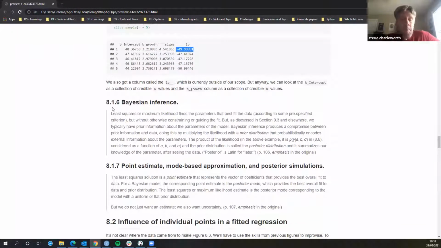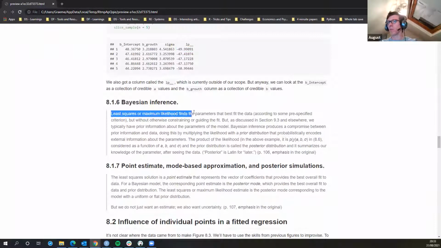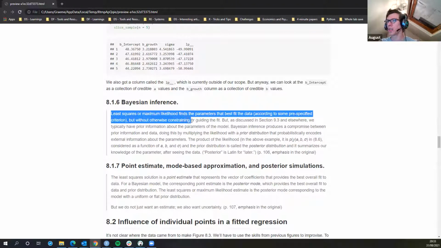Go ahead. Yeah. Least squares or maximum likelihood finds the parameters that best fit the data, so essentially we can say that they're basically 2 sides of the same coin, according to some pre-specified criterion, but without otherwise constraining or guiding the fits.